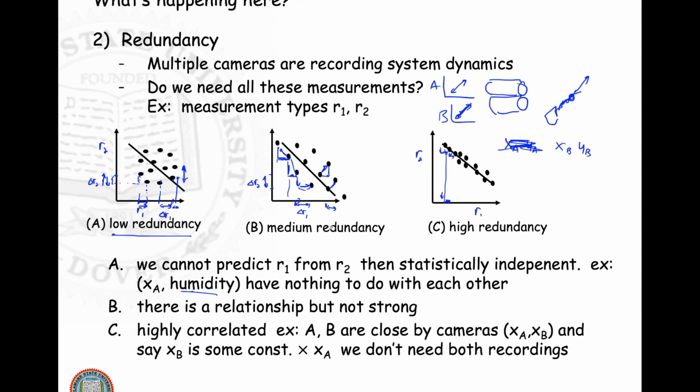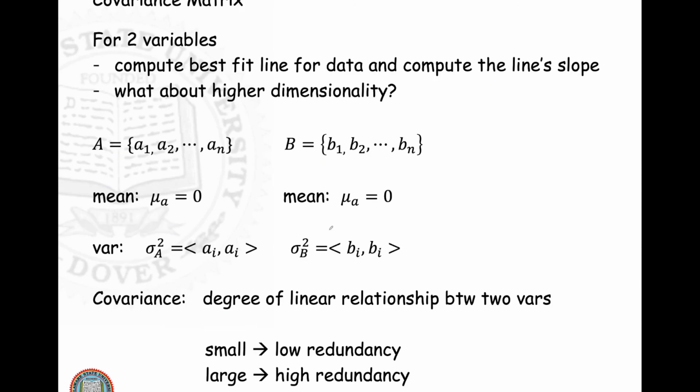So one of the tools we're going to use to talk about this redundancy is this idea of covariance. Covariance is a linear relationship that describes the idea that a unit step increase or decrease in one measurement is associated with a unit step increase or decrease in another measurement. So let's talk about covariance for the two variable case.